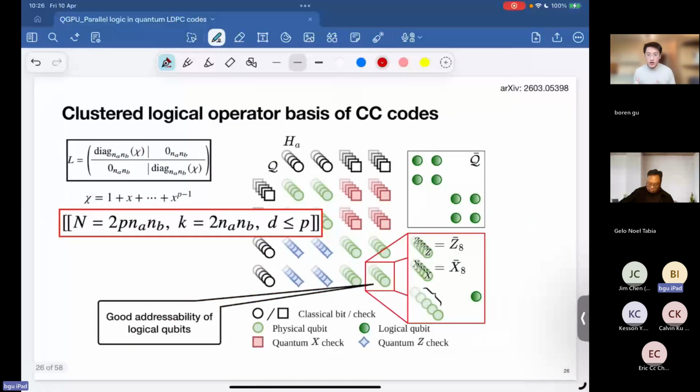So we get this kind of logical operator which resolves the problem of logical operators overlapping with each other, and you may consider, okay, this seems to be some structure which limits the behavior of the code in total.